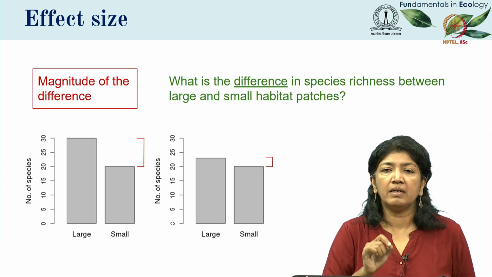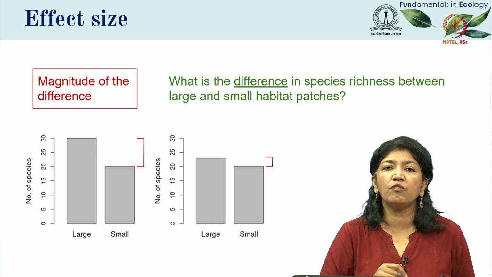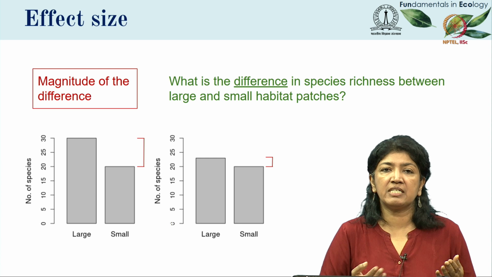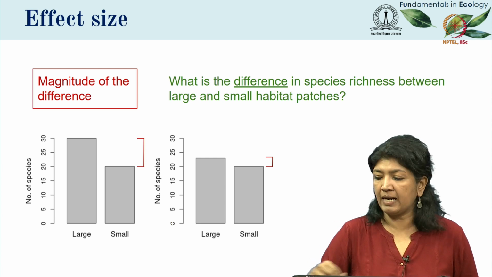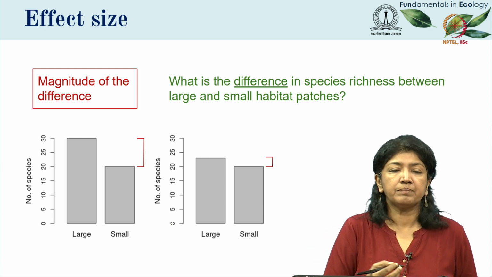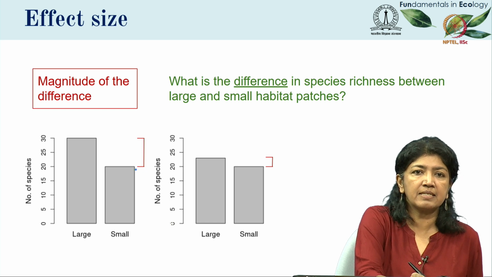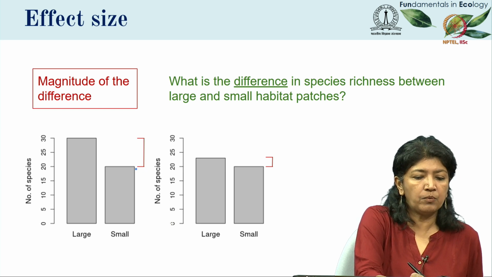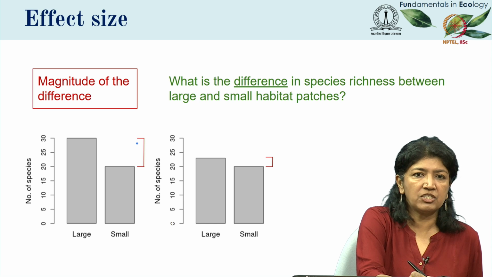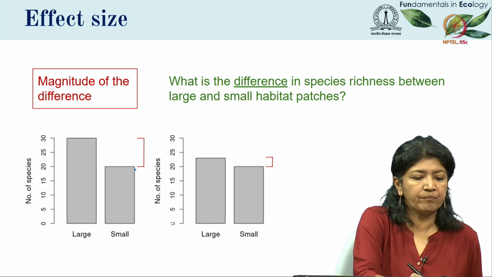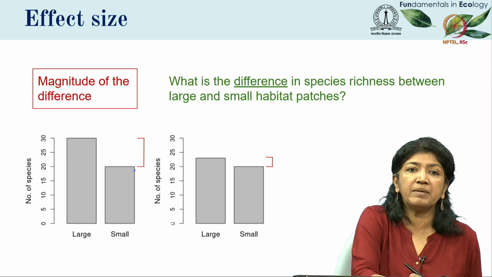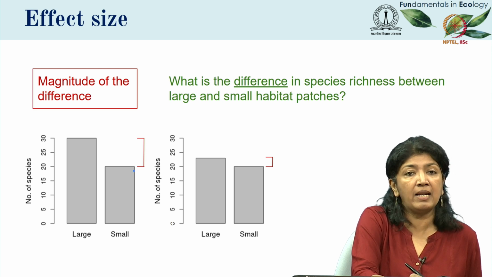For example, let us take up this question of what is the difference in species richness between large and small habitat patches. This is a situation on your left of a case where there is a large difference in species richness between large habitat patches and small habitat patches. So, a difference on average of 10 species between large and small habitat patches.